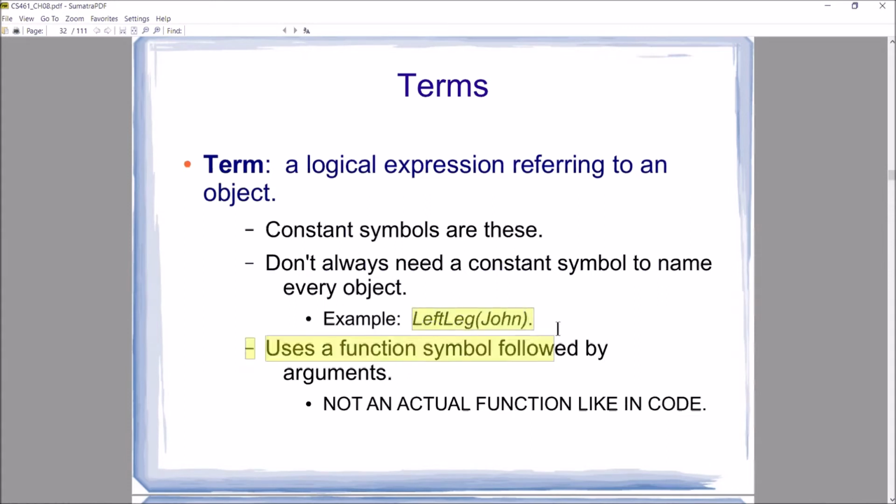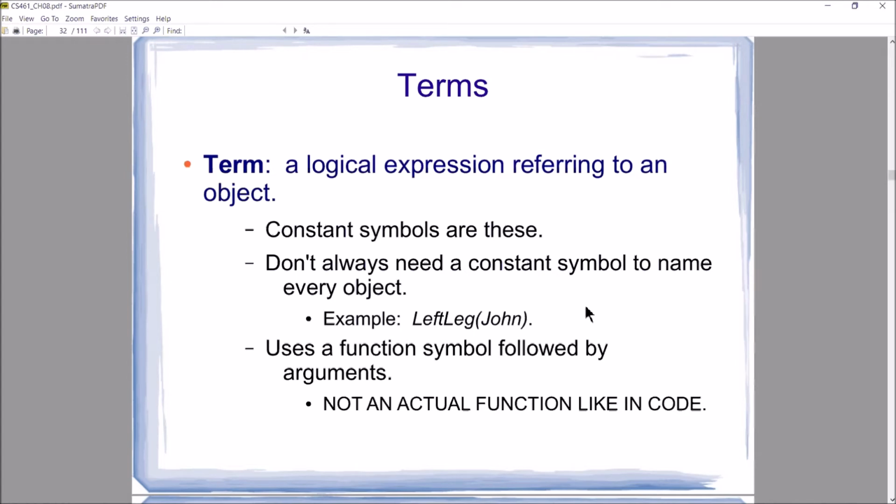So you can have something that looks like this. What is this? This is a function symbol followed by arguments. You can read this as saying this is the left leg of John. You have your one input, and what's the output? This understanding that you're talking about John's left leg. Now, as I mentioned before, we're not talking about an actual function like in code, C++, whatever.